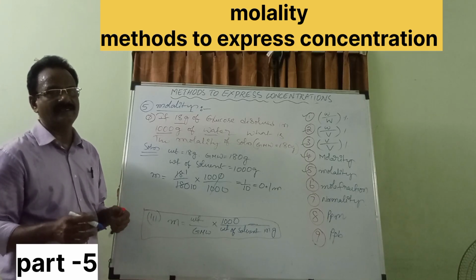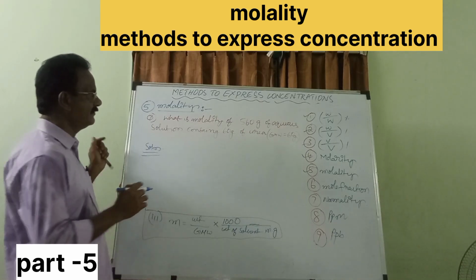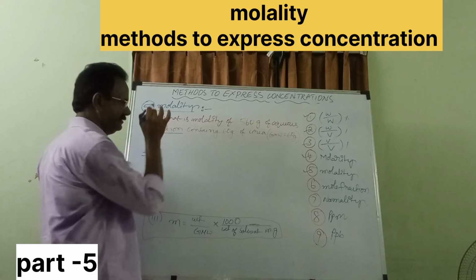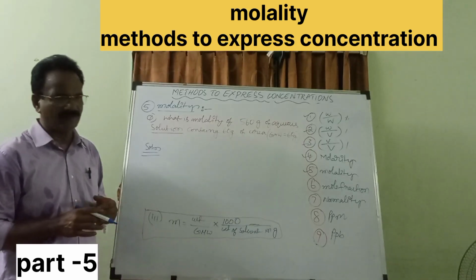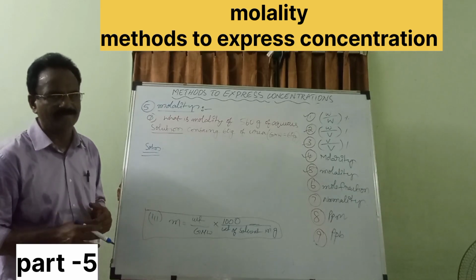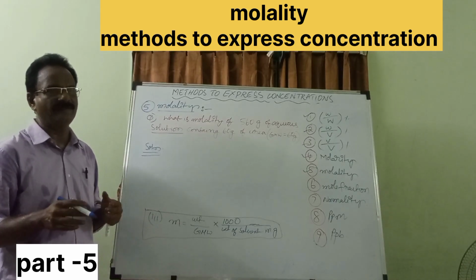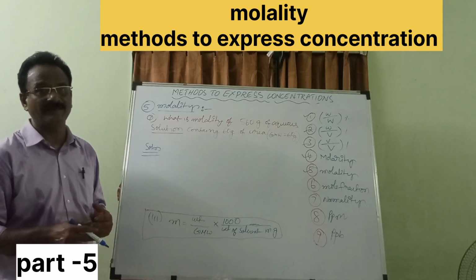Okay, let us see another model of problem. What is molality of 560 grams of aqueous solution? Is it clear? In the previous problem, the weight of solvent is given directly. Keep in mind.